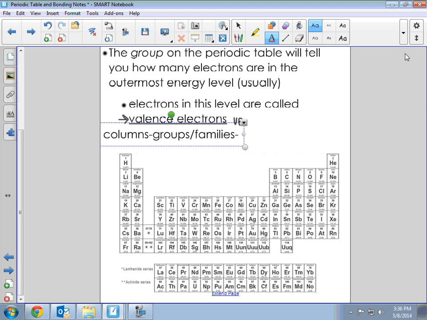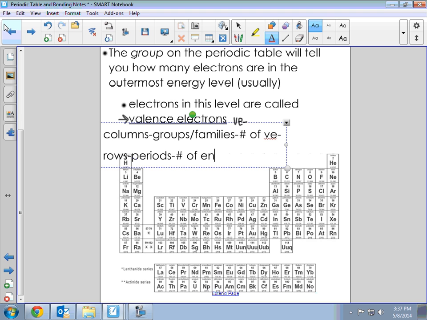And they tell you the number of valence electrons. So just jot that on your periodic table as a reference. And if we're looking at rows, they are called periods. And they tell you the number of energy levels that element has.